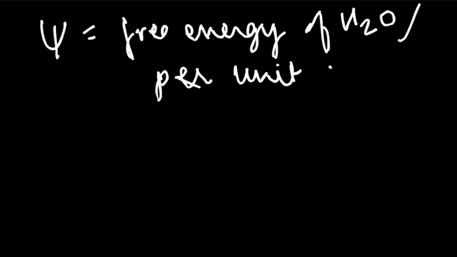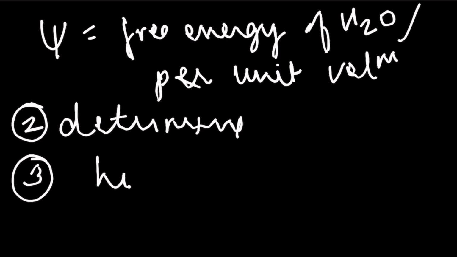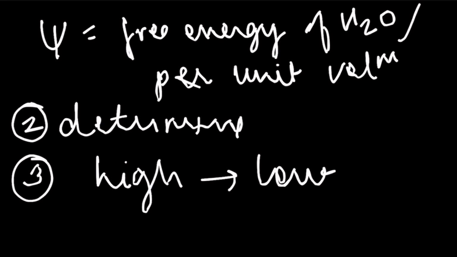How much the water is able to move, that is the water potential. And it actually determines the direction of water. That is, first, it is the free energy of water molecules, where it's going to go. And the second thing is it's going to determine the direction of water. And third, you need to remember, it moves from high concentration to a low concentration gradient.